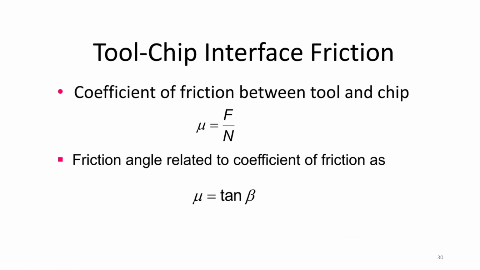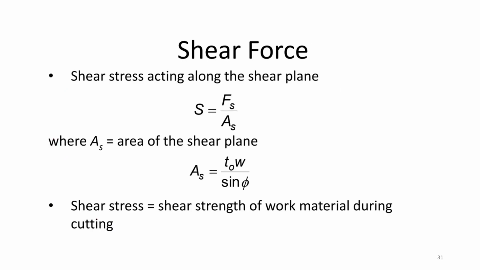Then the coefficient of friction is given in terms of angle, and the shear stress is Fs divided by As. As is simply the area of the shear plane, which is given as thickness times width divided by sine phi. For the cutting operation you require shear stress which is higher than the shear strength of the work material.